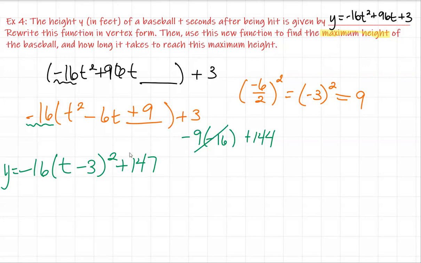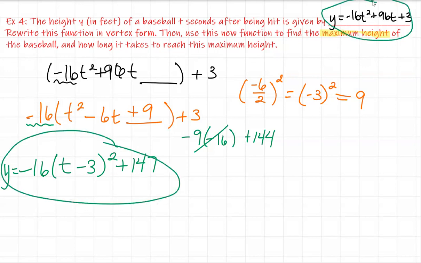This is the same thing as this. They're equal, but they look different, right? They're the same thing mathematically, but notice that this one tells us different information from the one we just found. Could I immediately get the vertex from this one? No, I would have to do negative b over 2a to find it. But I do know the y-intercept is 3.